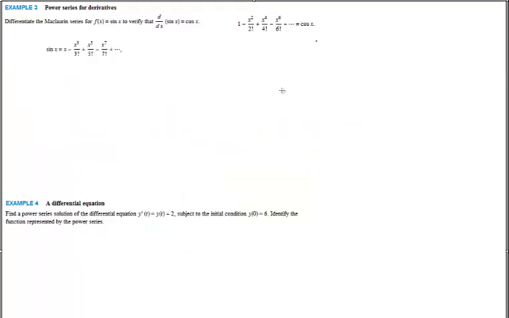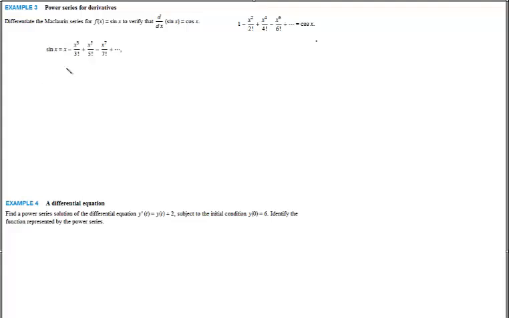In this next example, we are to differentiate our Maclaurin series, our approximation for sine x, and see if this approximation equals this Maclaurin series for cosine x.